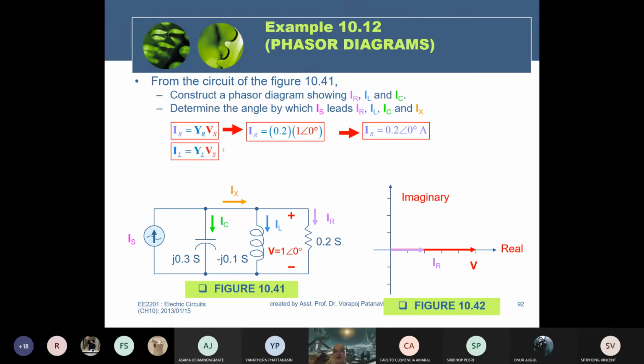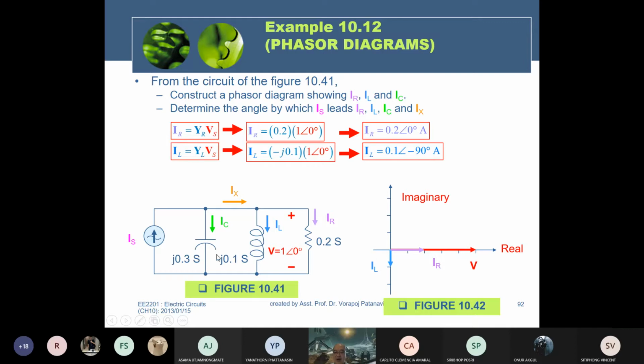Next, IL. IL equals VL divided by Z, or V multiplied by Y. You know the voltage across it, so you can find IL here.